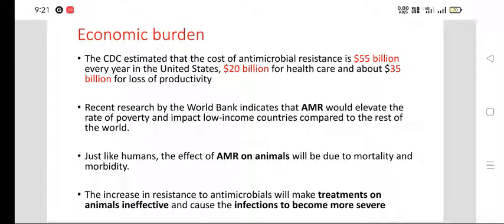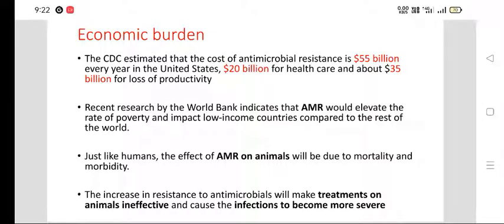The CDC estimated that the cost of antimicrobial resistance is 55 billion every year in the United States: 20 billion for healthcare and about 35 billion for loss of productivity. Recent research by the World Bank indicates that antimicrobial resistance would elevate the rate of poverty and impact low income countries more than the rest of the world.